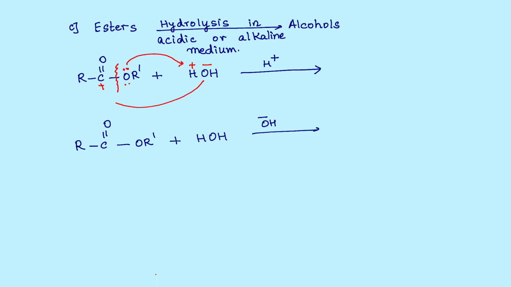Simple way to remember, this is not the mechanism. I am repeating this. So R, C, double bond O, OH. What is this product? Yes, it's a carboxylic acid. And what will be the second product? R dash OH, which is an alcohol over here, right?